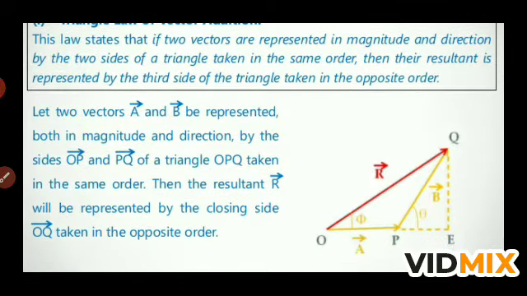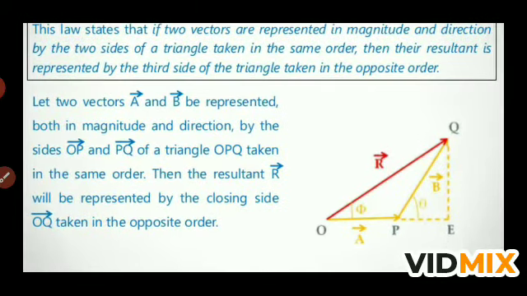So let two vectors A and B be represented in both magnitude and direction by the sides OP and PQ of a triangle OPQ taken in the same order. The resultant R will be represented by the side OQ taken in the opposite order. This is very important for how to draw vectors in the triangle law.